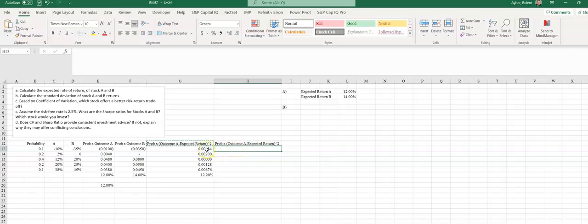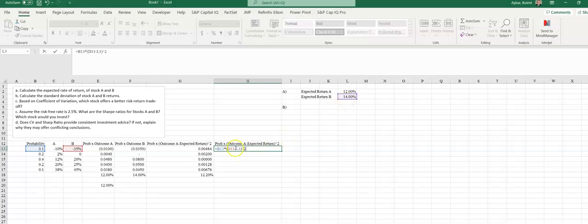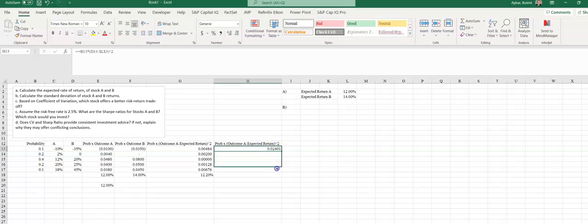I could just simply write this function here again: probability times the outcome minus, this time, the expected return of B, squared. I want to fix this because this is not going to change, but everything else is going to change in the equation. I did this one, and if I copy this through, I will get exactly what I need.